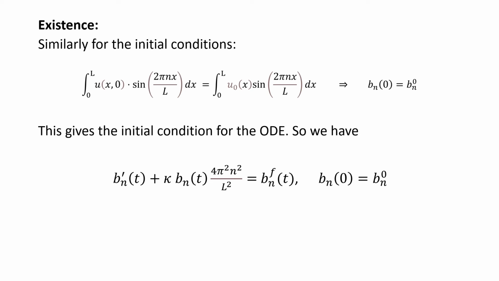The integral from 0 to L of u(x,0) times sine 2 pi nx over L dx equals the integral from 0 to L of u naught x times sine 2 pi nx over L dx. Again, both sides of this equation extract a Fourier coefficient each. On the left-hand side, we get bn(0), and on the right-hand side, we get b naught n.